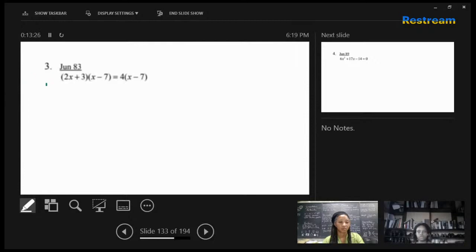So 2x times x is 2x squared, and 2x times negative 7 is negative 14x. 3 times x is positive 3x, and 3 times negative 7 is negative 21. So now we're going to expand the second set of brackets. So 4 times x is 4x, and 4 times negative 7 is negative 28.